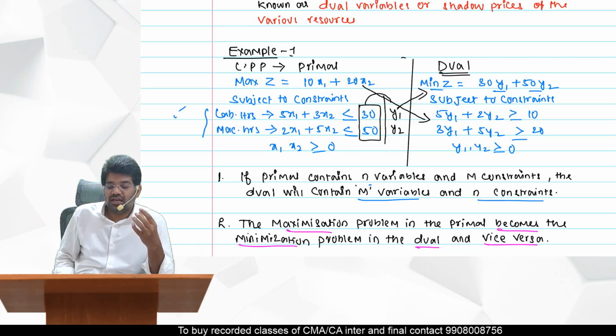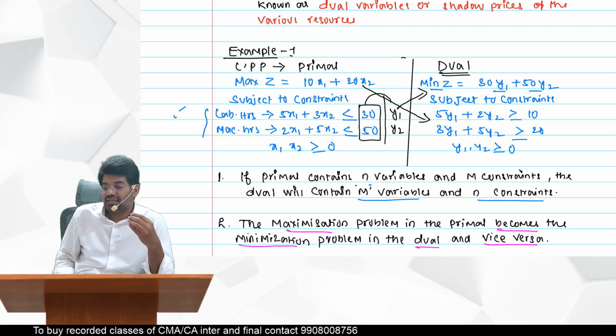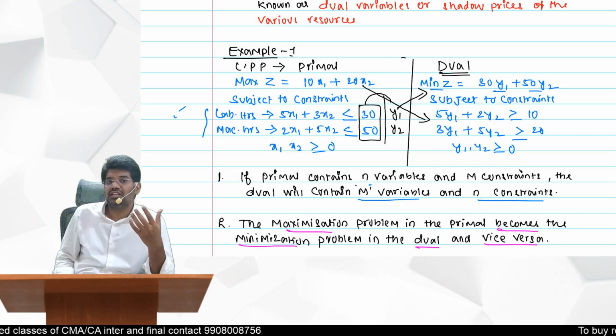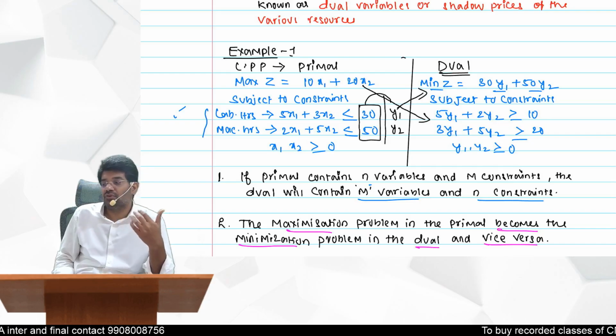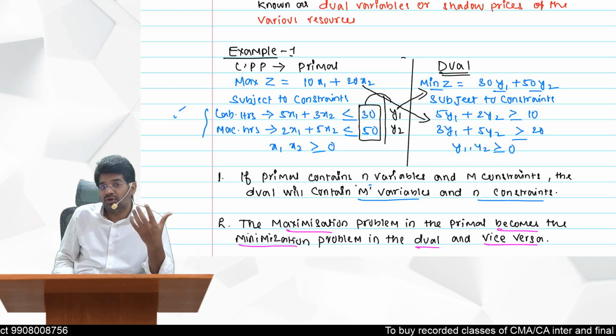Instead of making x1 and x2, what if these raw materials are sold outside? If raw materials can be sold outside, that means they have got some opportunity cost or not? Yes, they have got some opportunity cost.